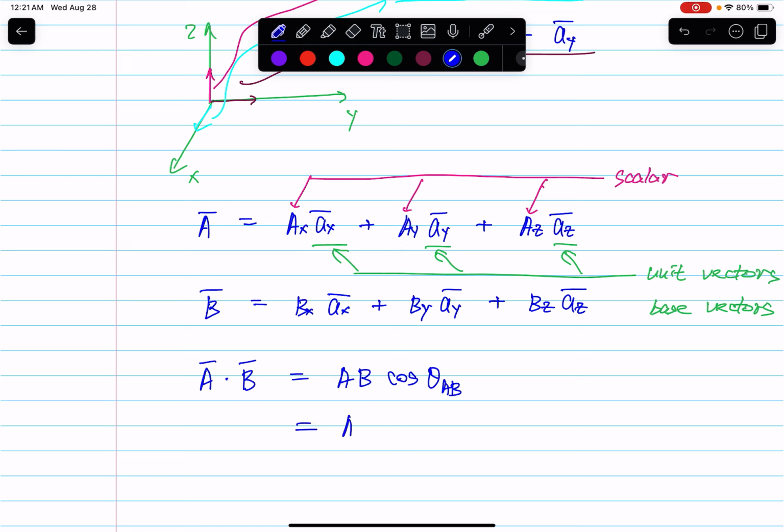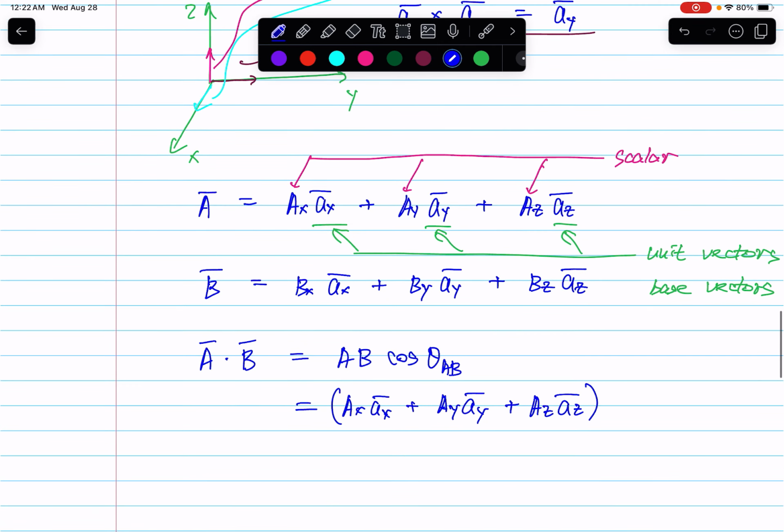So that would be A equals ax plus ay plus az, like that. And we're going to do the same for B: bx ax, by ay, bz az.